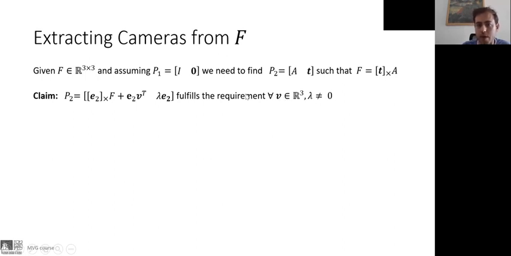It's not all the degrees of freedom because we already chose P1. In general, you have 15 degrees of freedom for a homography, up to scale. We already chose 12 when we chose P1, and so you have an additional 4 degrees of freedom here, including the scale. So we have 16 degrees of freedom including the scale, and that's actually what you choose here: 12 here, and an additional 4 here.